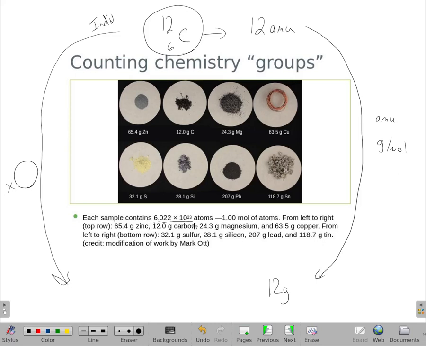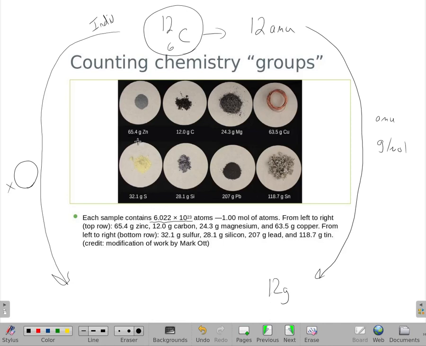It's true for any substance. If you have that many atoms, the mass of the atom in AMUs is the exact same as the mass in grams of that entire mole of atoms. So each number listed in the picture is the molecular weight of each of these individual atoms.